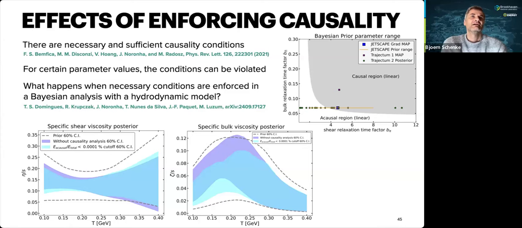I don't expect that we will find something that we missed that will lead to eta over S coming out as 10 times larger than it is now, right? I don't think so. There's not going to be a great change, but in terms of details like the temperature dependence, or the bulk viscosity, even normalization, right? There we don't know really within a factor of 2 or 3 how large the peak is.